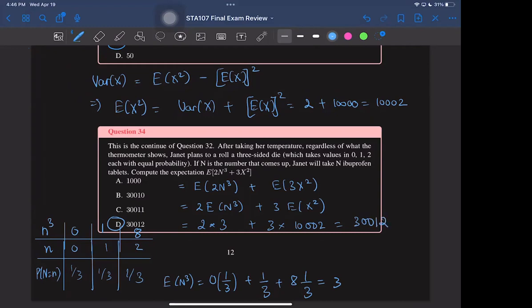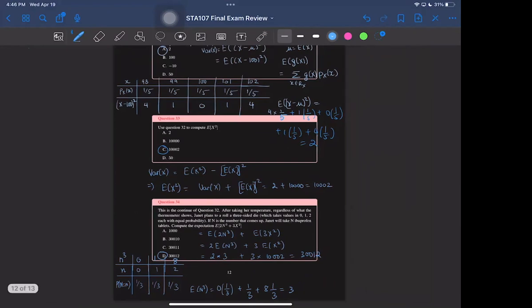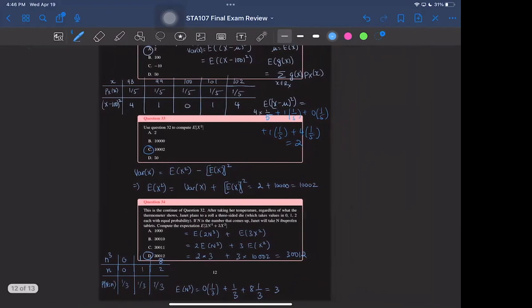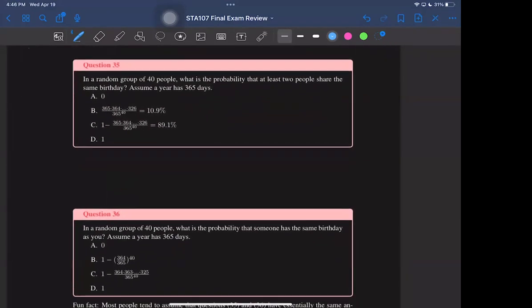Any question about this one? I didn't write a solution before this session, so I will just post the one I'm writing. If not, then let's move on to question 35.